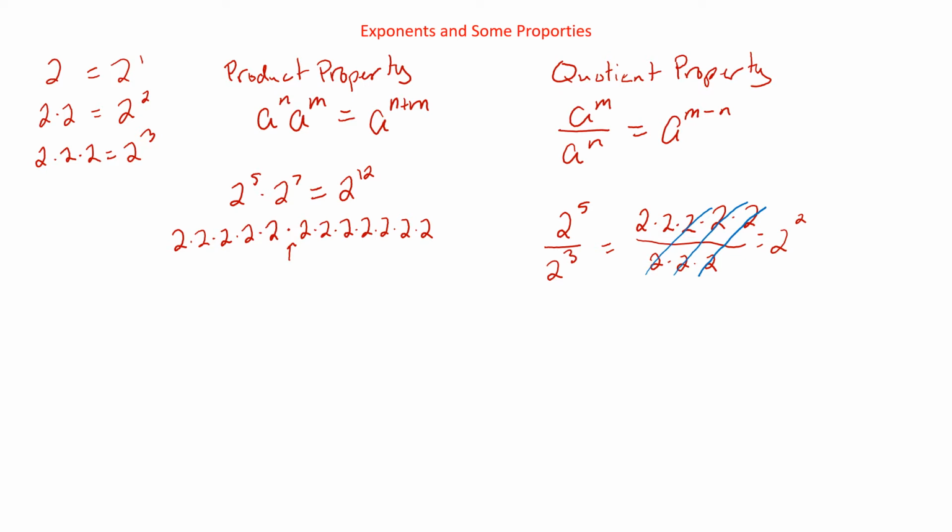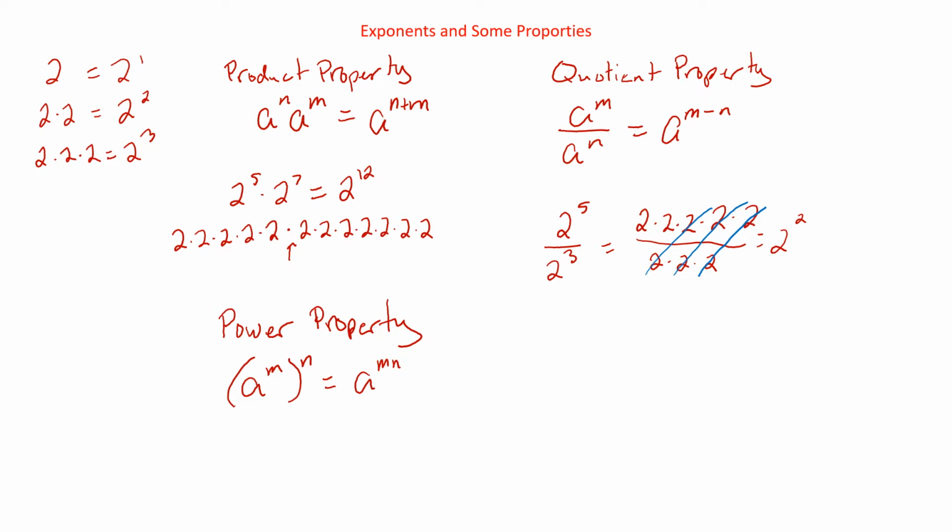Now we also have a power property. So we have the product property, the quotient property, we have a power property. And that is if we have a to the m to the n. What happens here is we end up multiplying the powers.